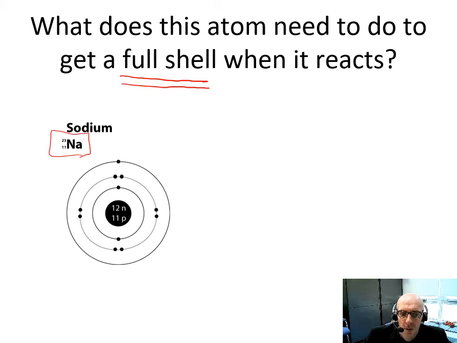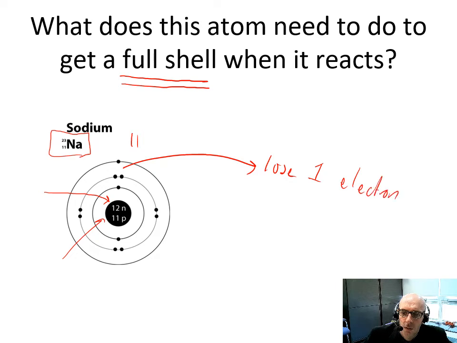It's got its 11 protons in the center there, you can see them. It's got its 12 neutrons in the nucleus, and it's got 2 electrons in the first shell, then 8, and then 1. So it had 11 electrons, and there's the 1. How does it get a full shell when it reacts? It needs to lose 1 electron. Easy as that.